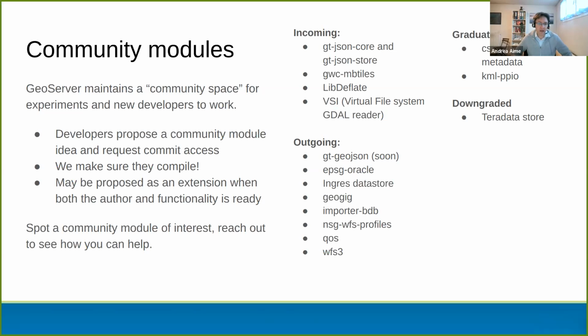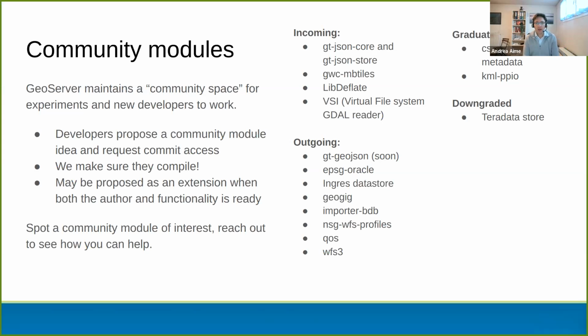And eventually they can be proposed as an extension when the author and the functionality and the documentation of the module is good enough. There is a lot of movement in the community area. Oh, by the way, the community modules can be found only in nightly builds. They are not part of releases, as they don't tick all the boxes in terms of quality.